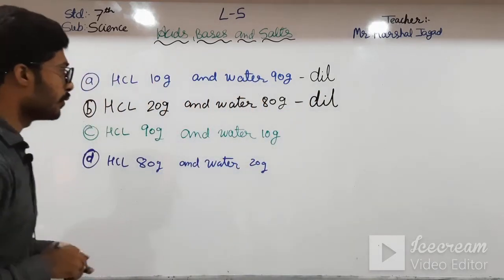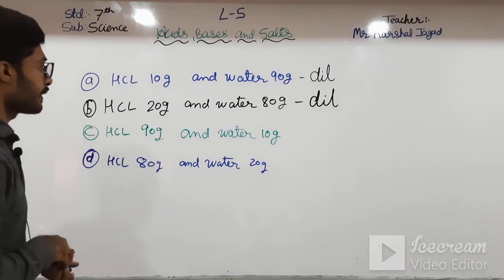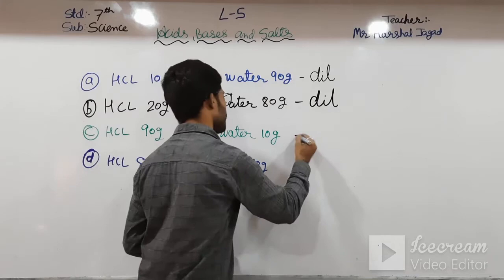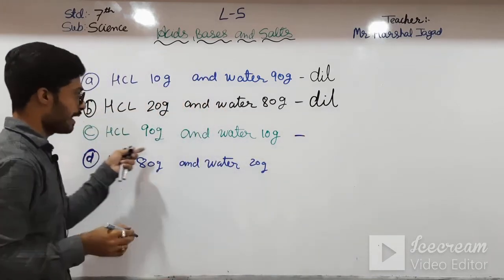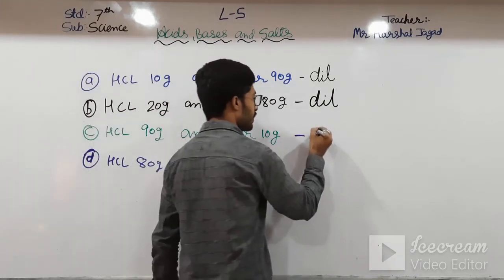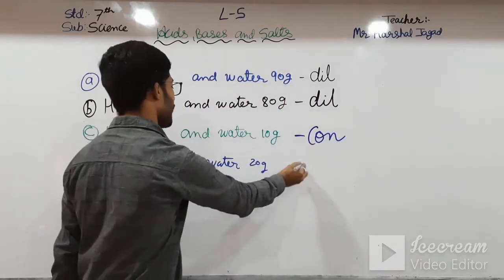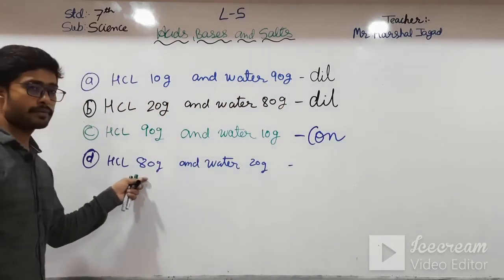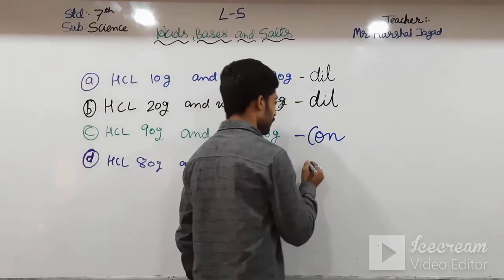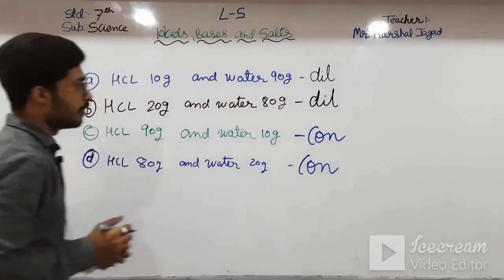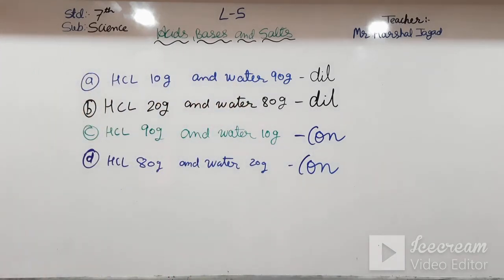And moving to the next, here the acid is more and water is less, so it is concentrated, okay students. And here also the acid gram is more and water is less, so it is also concentrated, okay students. If you want to write these other examples, you can write.